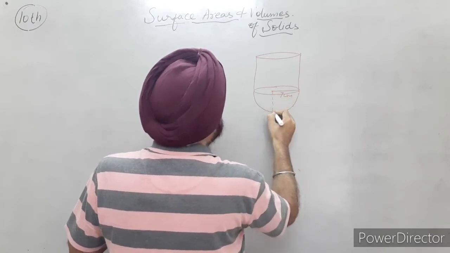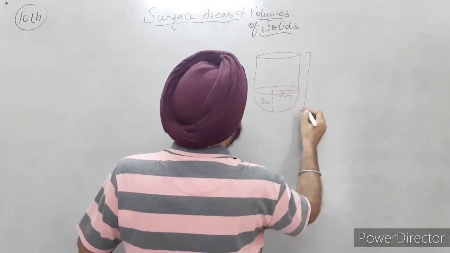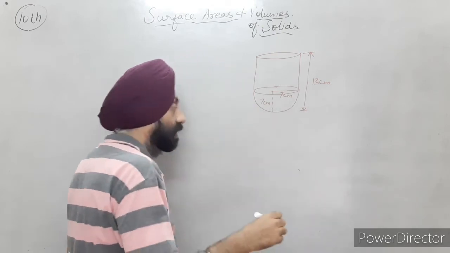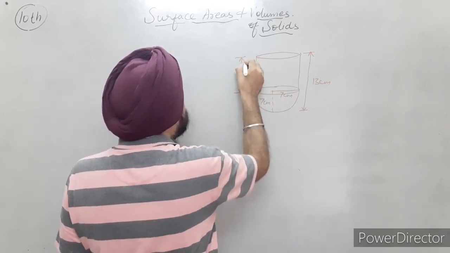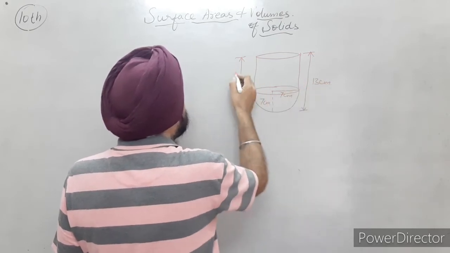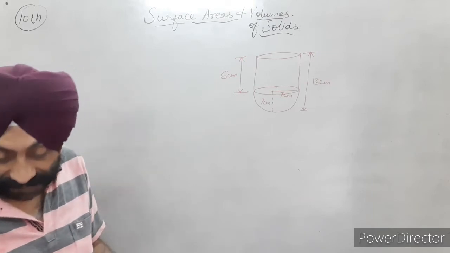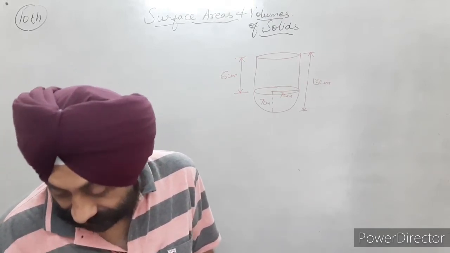If this is 7, this will also be 7 centimeters. From here I can make out that the height of the cylinder becomes 13 minus 7, that is 6 centimeters. Now I have to find the inner surface area of the vessel.